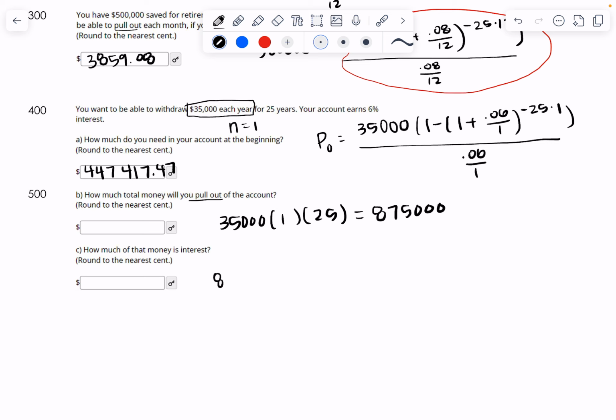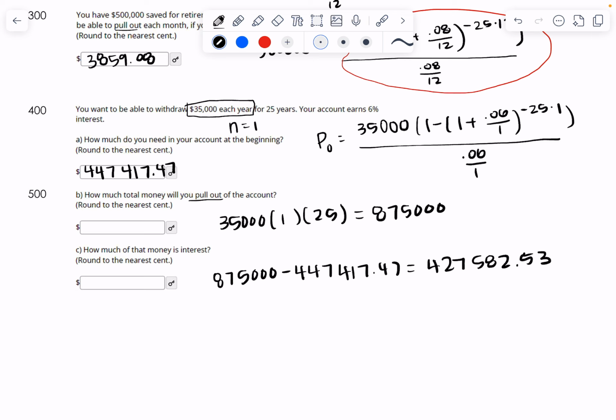So then if you pull out $875,000 and you only had $447,417.47 to begin with, then the rest is interest. So that would be $427,582.53.